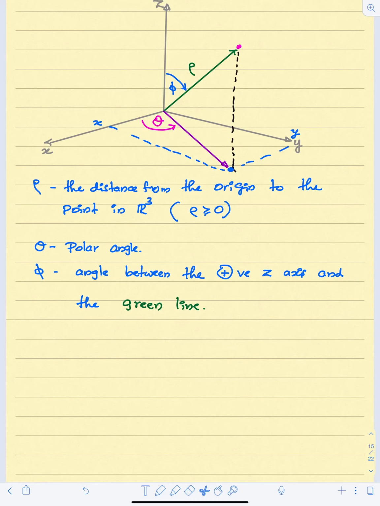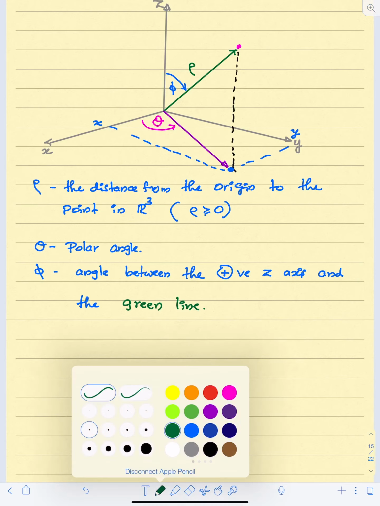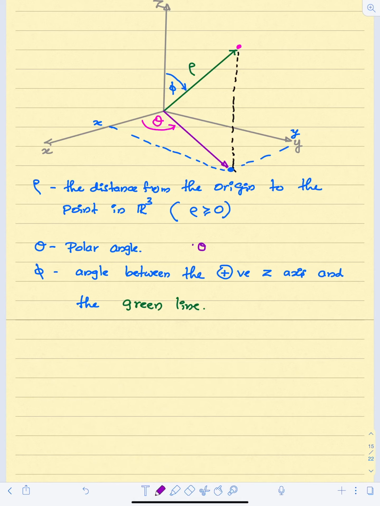Now theta goes from 0 to 2 pi, and phi goes from 0 to pi. Phi goes from 0 to pi. So using these three parameters, we can define any point in three-dimensional space.